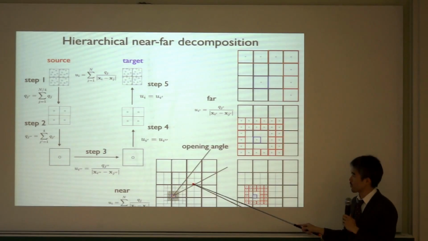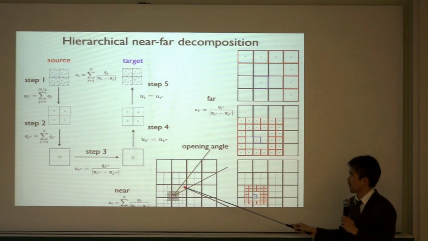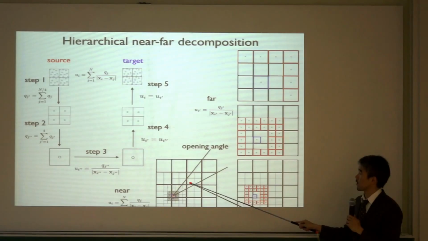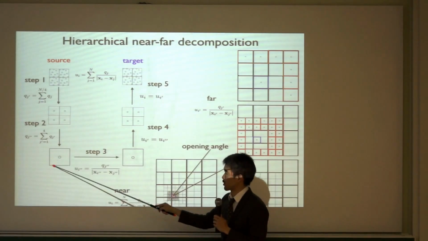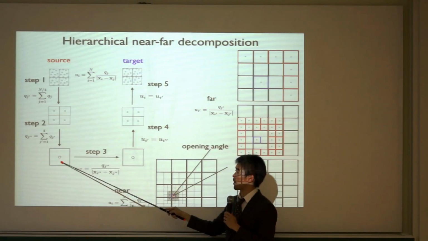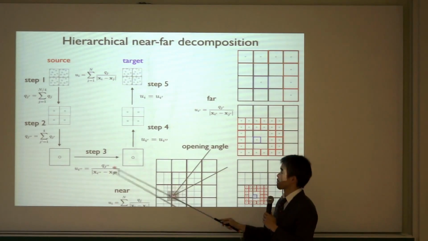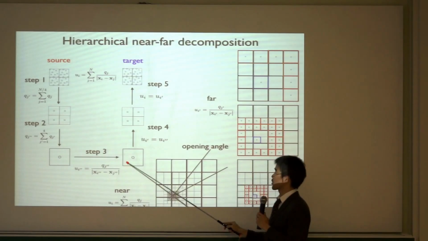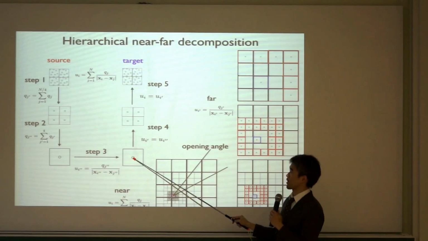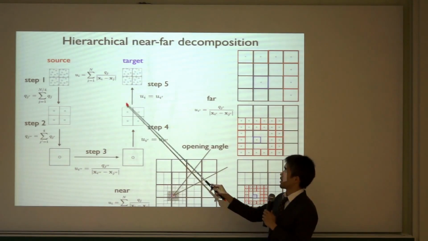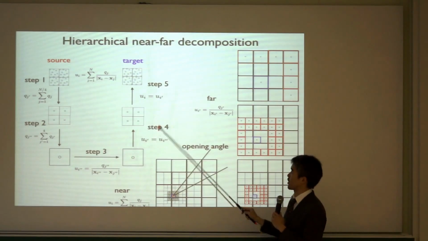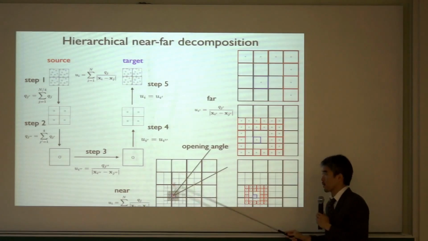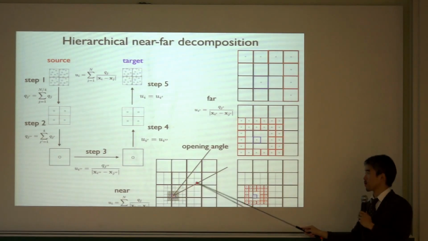So if you're inside this box or inside this box, the error of summing them up and considering them as one thing, this error of approximating everything as one thing, and also saying that everything acting on this one is the same as the one acting on the individuals, this equality is accurate enough if the angle looks the same.